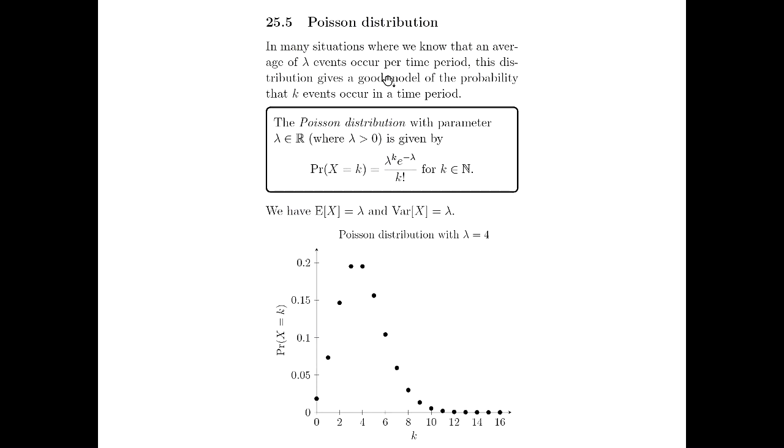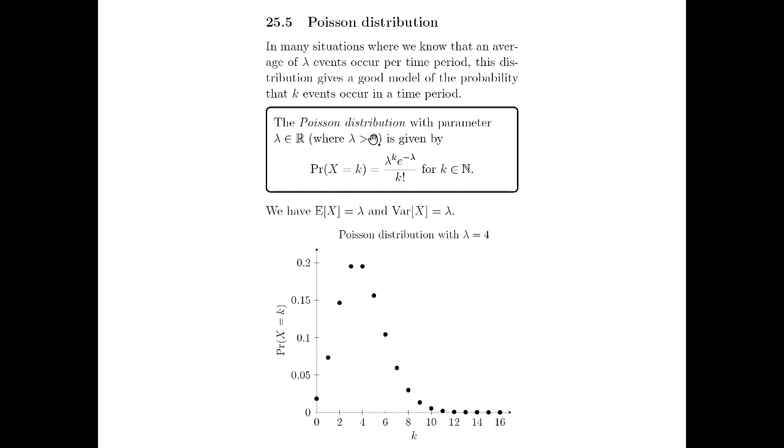So classic examples are things like number of calls coming into a call center, that kind of thing, right? Where we have number of faults of a machine in a given time period. You know, it'll have an average, but it'll sometimes be bigger than that, sometimes be smaller than that. So this is called a Poisson distribution.